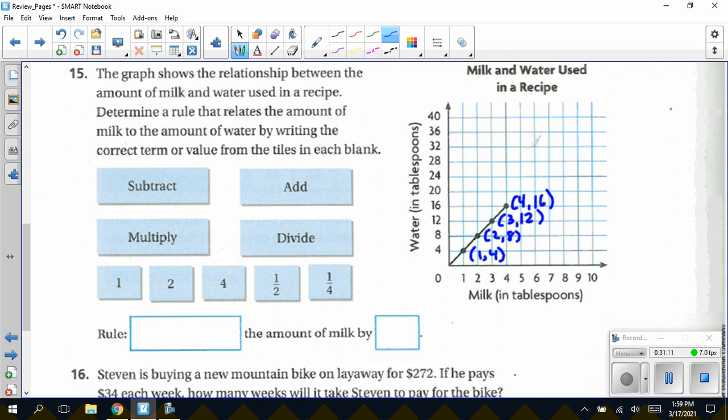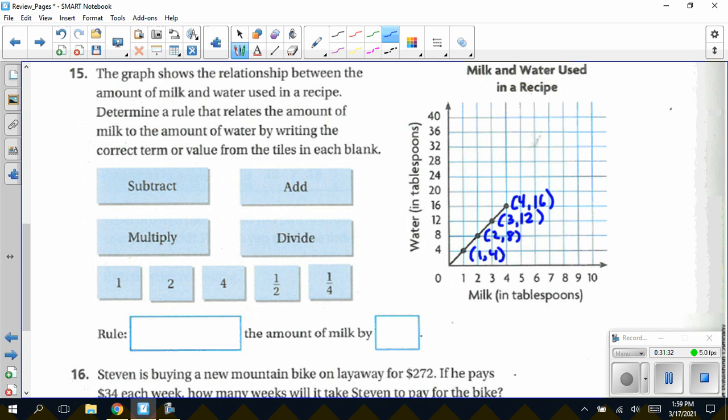So I need to figure out what I am going to be doing for my operation. Is it add, subtract, multiply, or divide? And when I do this, it's for the amount of milk by what? So if I have 1 tablespoon of milk and I need water, I would have 4 tablespoons of water.